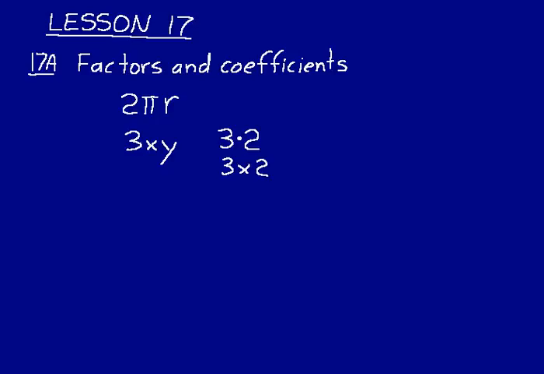Now a coefficient is basically just a part of one of these expressions. There are literal coefficients, or letters that are coefficients, but almost always when you talk about coefficients you're talking about the numerical coefficient. Like in 3xy, the coefficient there is a 3.